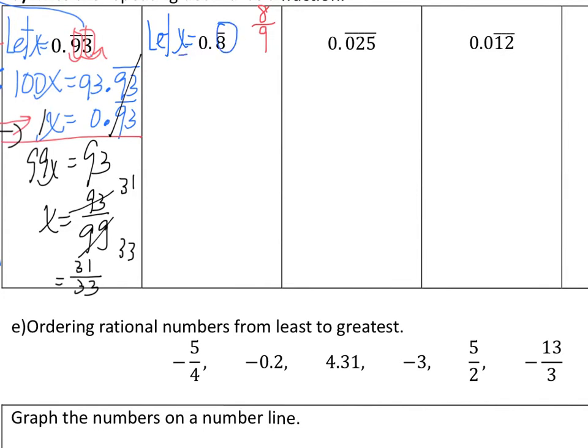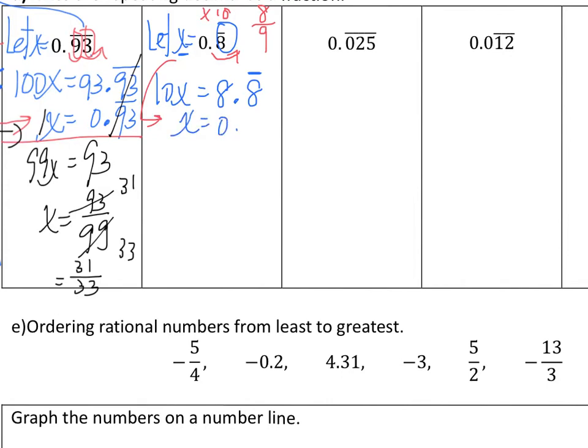I'm going to multiply x by 10. And then the decimal here would therefore shift right, because whatever you do to one side of the equation, you've got to do the same thing to the other side. And so basically I multiply the right hand side of the equation by 10 as well. And this will therefore be 8.8 with the 8 repeating here. I'm going to take this down here.